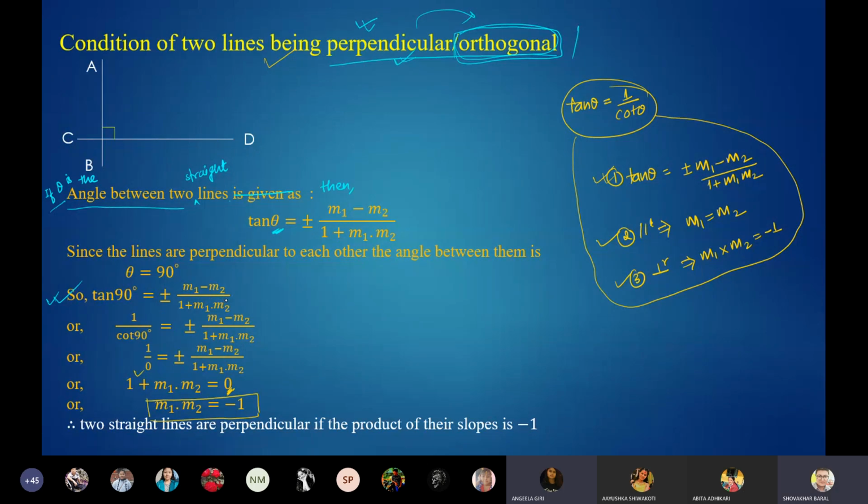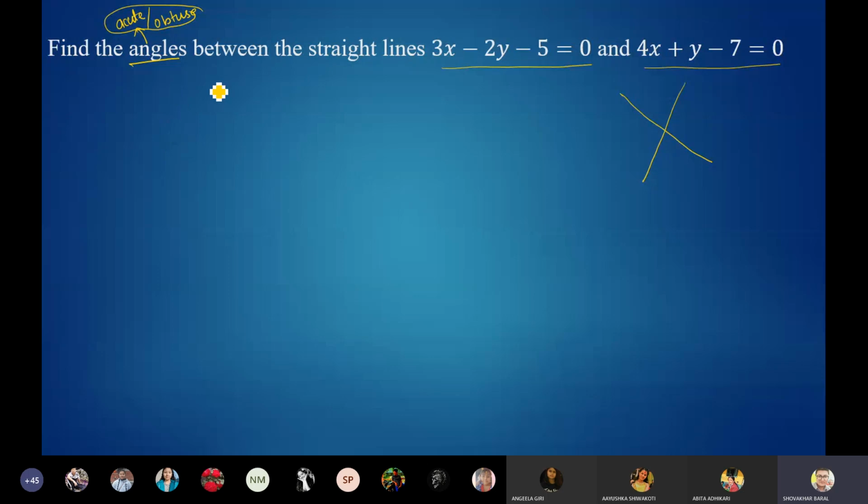Okay. So let's go to the next one. Find the angle between the straight lines 3x minus 2y minus 5 equals 0 and 4x plus y minus 7 equals 0. Let me suppose these two lines are AB and CD. You can make the figure also, it will be easier to understand.